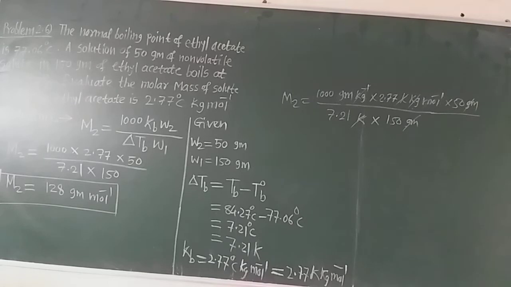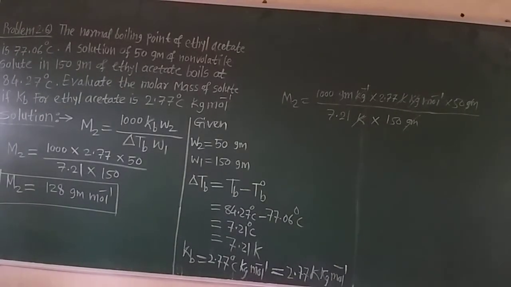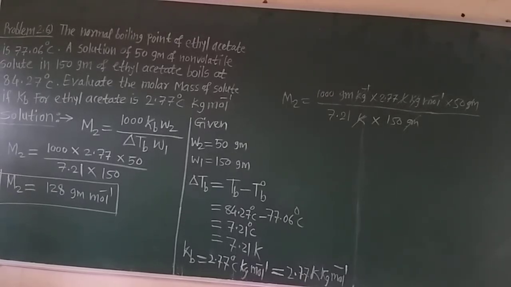In this way you can substitute the units also during calculation of the numerical, so that after cancelling the similar units you obtain the unit of the asked quantity. Now let us learn another numerical based on the calculation of molar mass from the boiling point elevation.